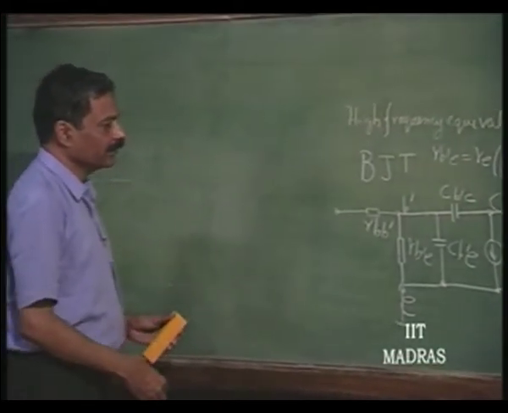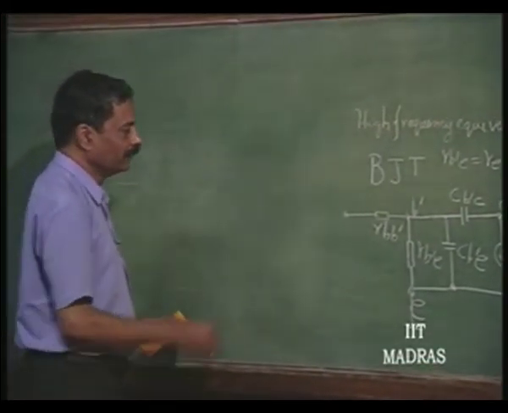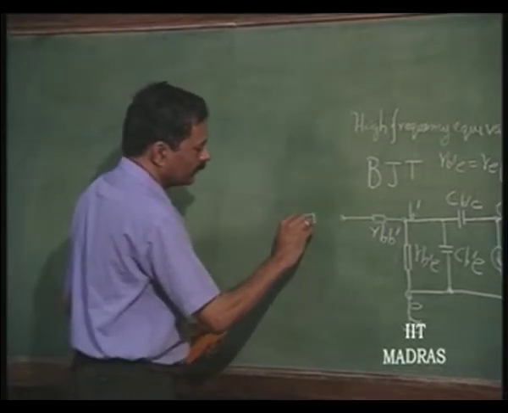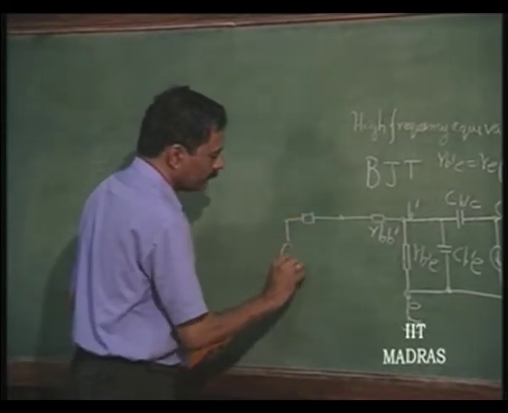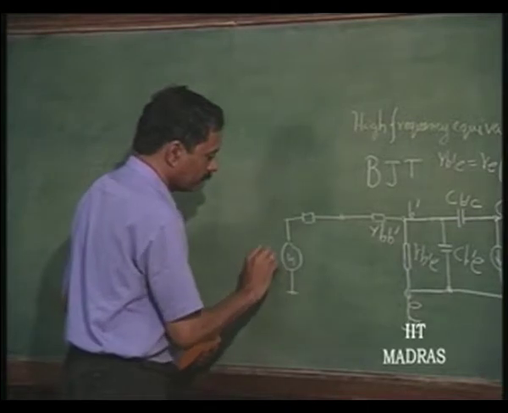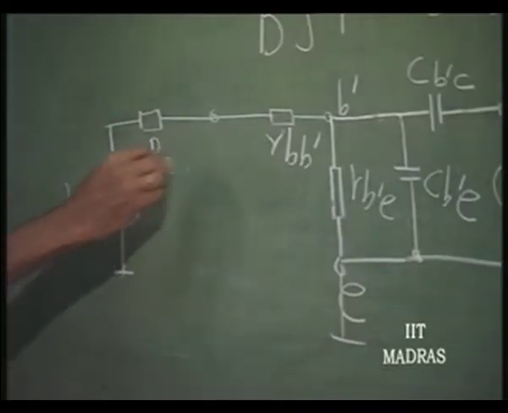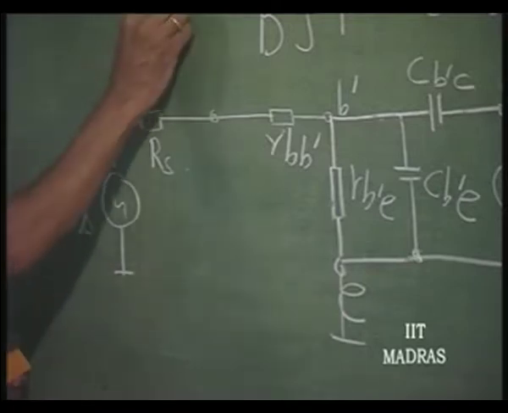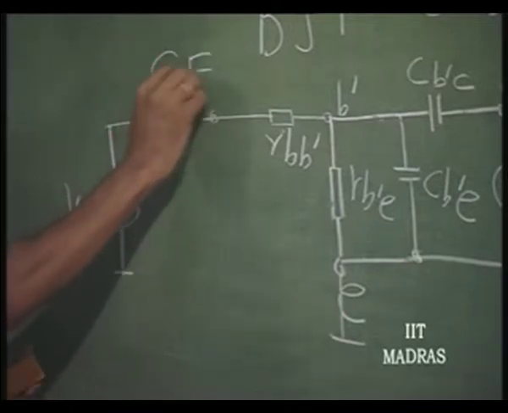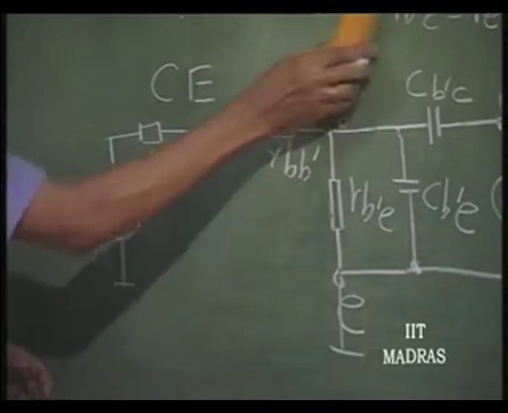So, in a sense, we have RS, this is for the common emitter high frequency equivalent circuit.